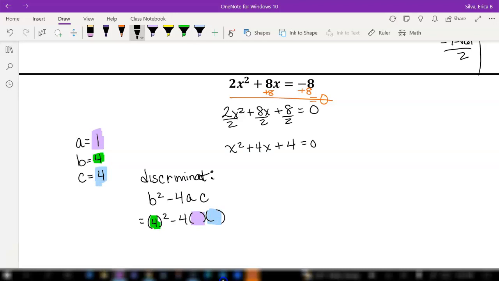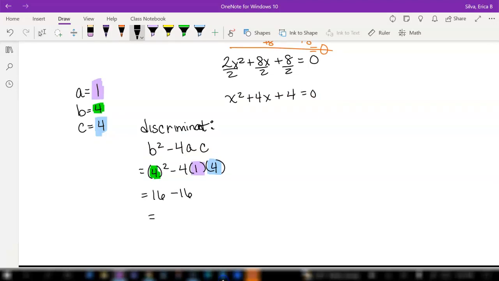So we've got 4, 1, and 4. So let's go ahead and solve this. 4 squared is 16. Negative 4 times 1 times 4 is negative 16. And 16 minus 16 gives us a value of 0. Because it's equal to 0, that means we have one real solution.